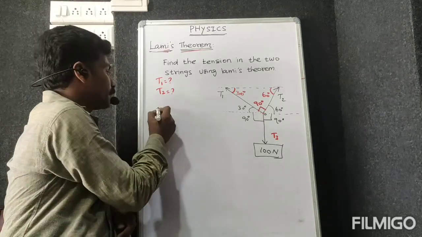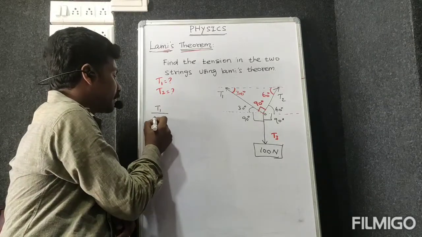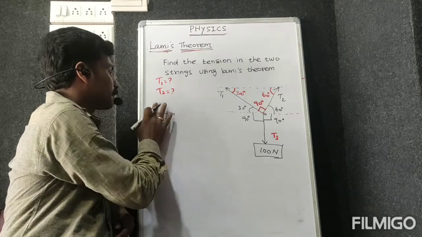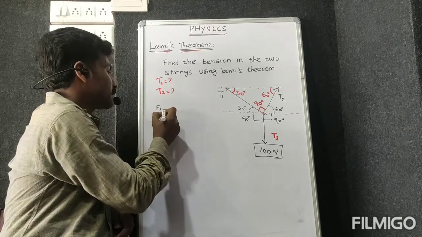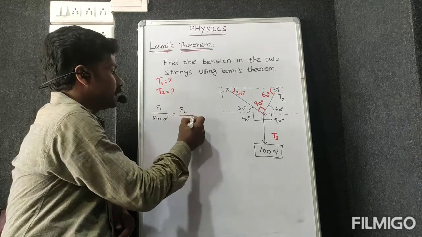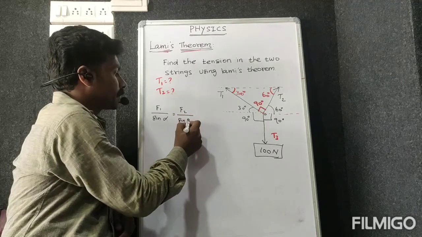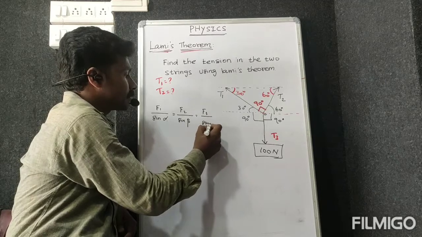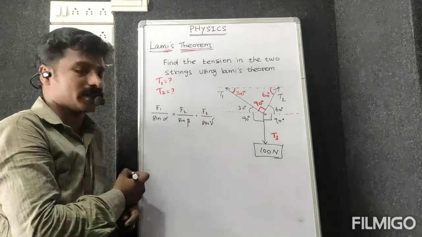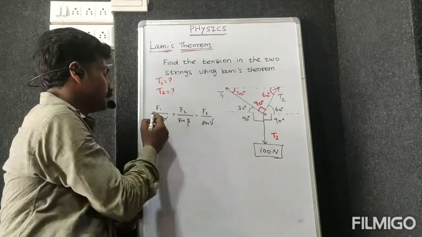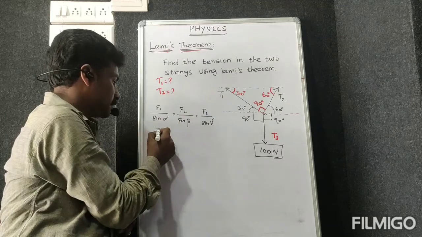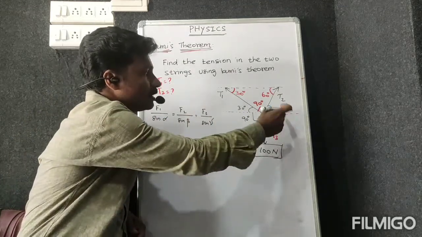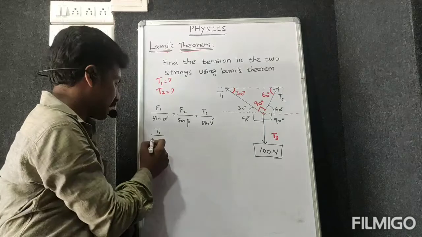So F1 divided by sin alpha, F2 divided by sin beta, and F3 divided by sin gamma. You know this formula. So in place of F1 we have T1 divided by sin of its opposite angle, 90 plus 60 is 150, so sin 150.